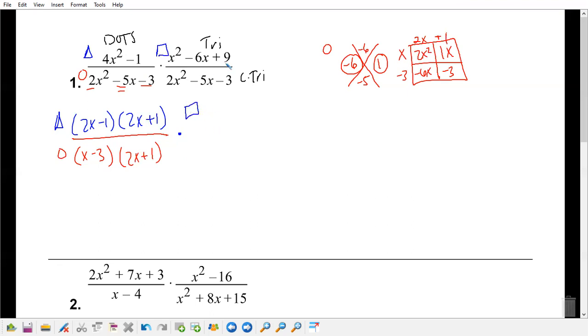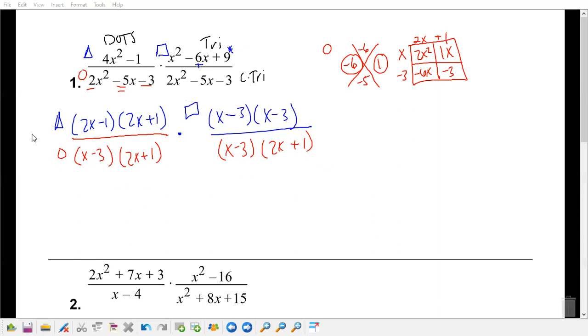So factoring that one multiplies to give me 9, but adds to give me -6. That's -3 and -3. And then this one again is just a circle. So same factors, x minus 3 and 2x plus 1. All right, so we have completely factored everything.